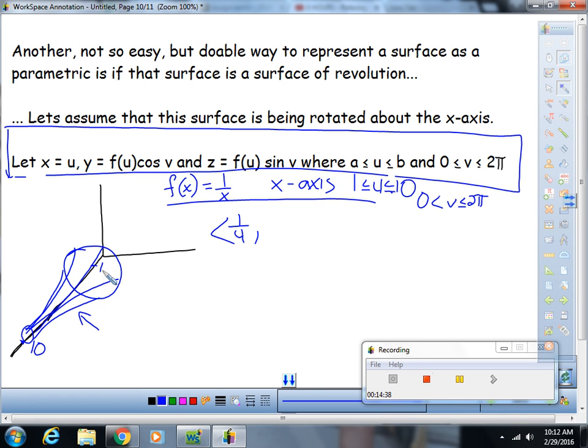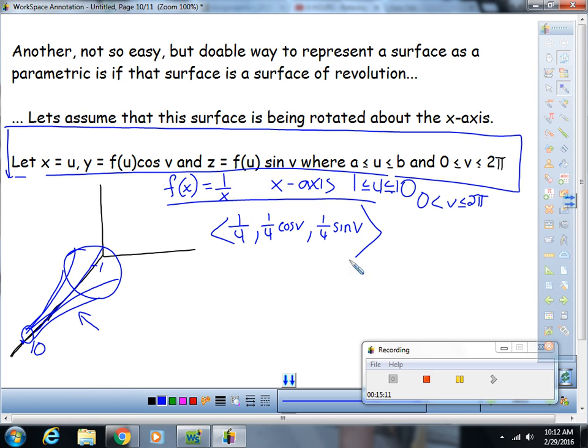Okay, so to find our y function in our parametric surface, we're going to follow this right here. So we're going to call that 1 over u cosine of v. And then our z function is 1 over u sine of v.